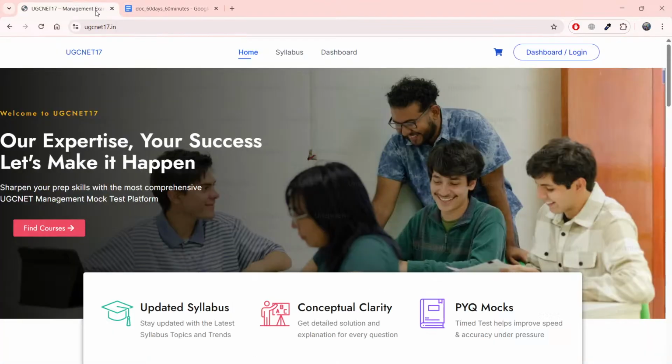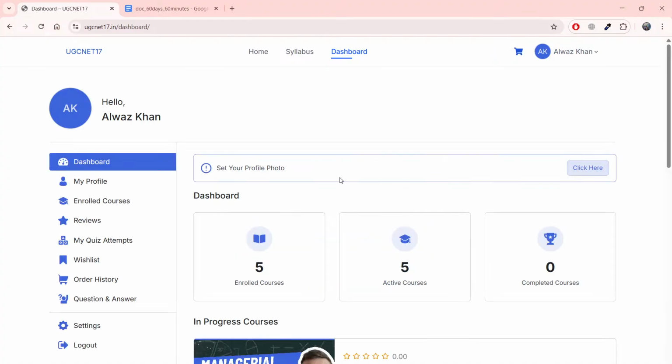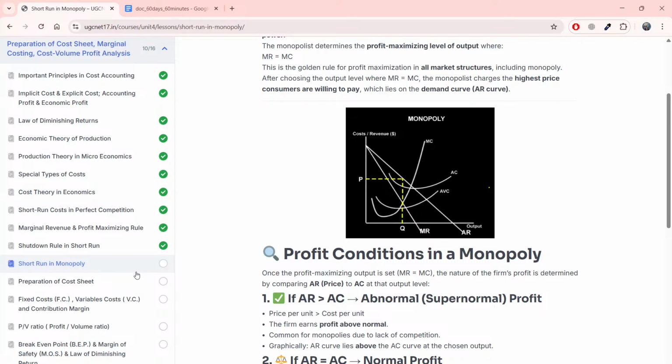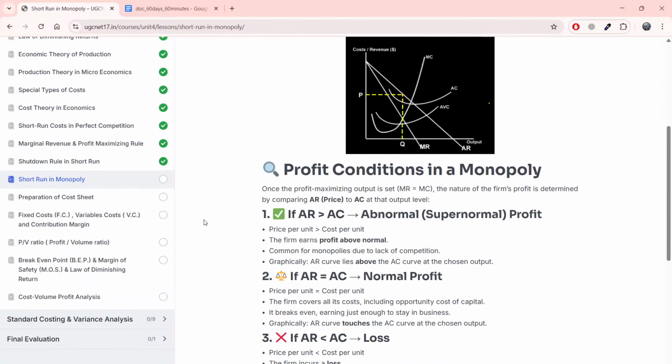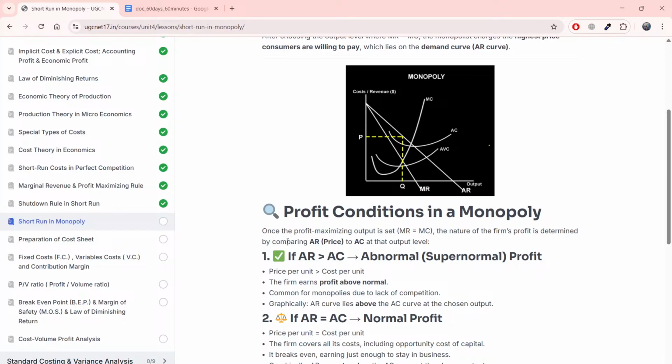So we are almost approaching 50% of our target. So we will continue from here. Let us see.